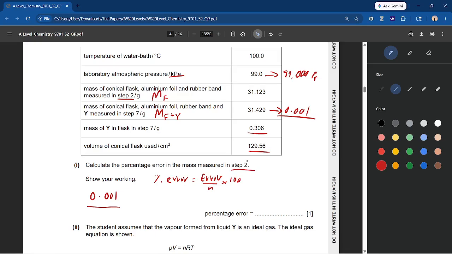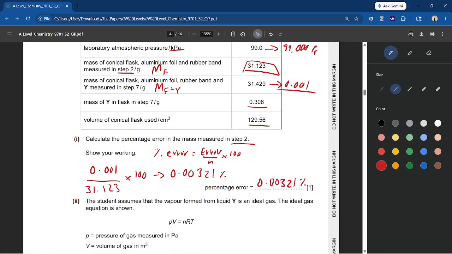So because they mentioned step 2, you need to take 31.123, my bad. 31.123, and you're going to multiply this by 100. So if you do the math, that's going to get you to 0.00321%. So don't forget to add the percentage sign, because after all, you are calculating the percentage error. So this will be 0.00321%. All right, moving on.